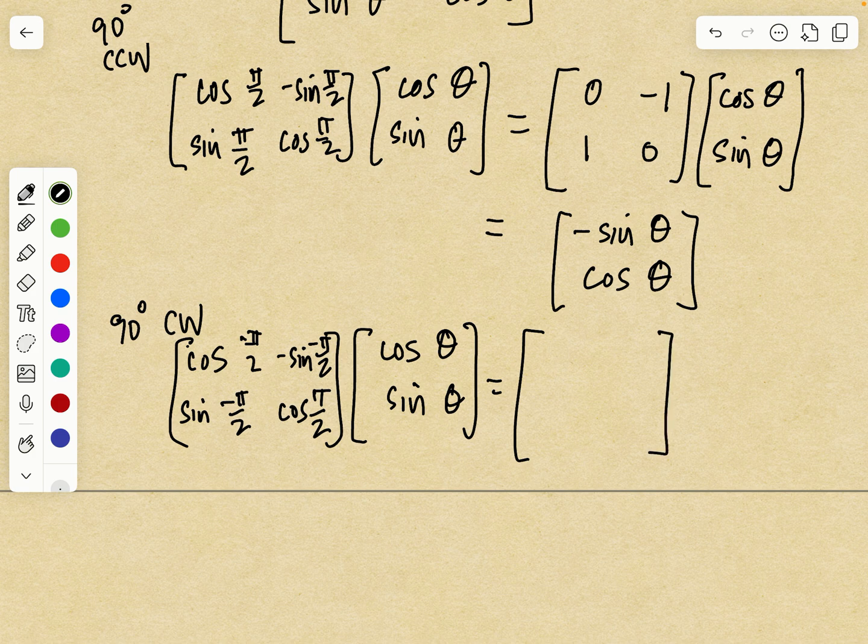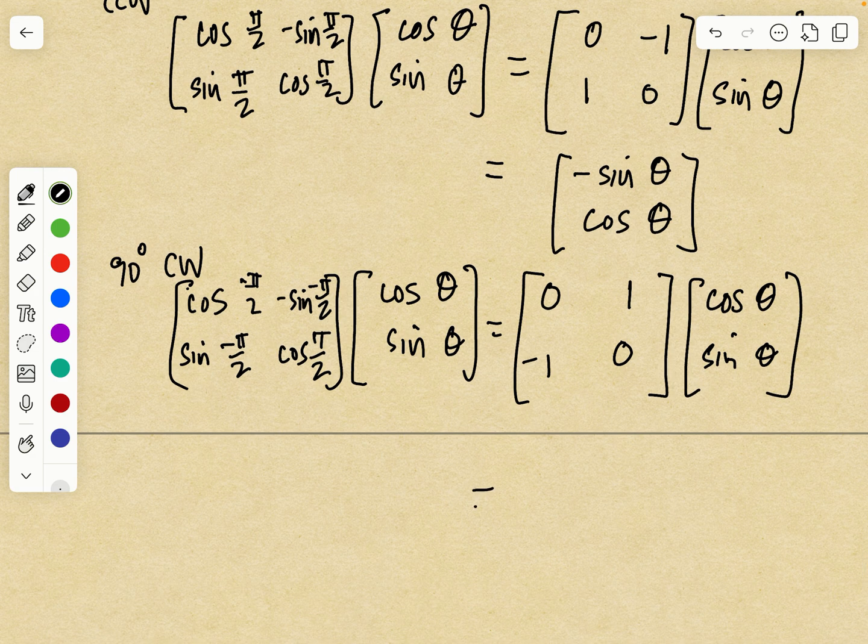Well, again, that's pretty simple. Cosine of negative pi over 2 is 0. Sine of negative pi over 2 is negative 1. So negative of that is 1, and then cosine of pi over 2 is 0. So I take this matrix and then multiply it by my first column vector, cosine theta, sine theta. And what do I get? Sine theta, negative cosine theta.